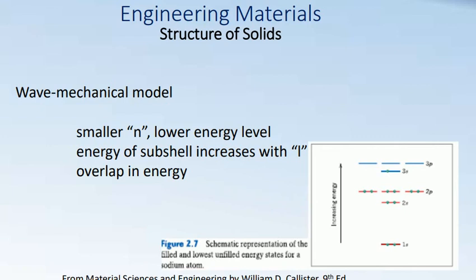So in short, wave mechanical model added three new quantum numbers giving rise to electron subshells within each shell, and these subshells provide us what we call probability distribution for electrons.